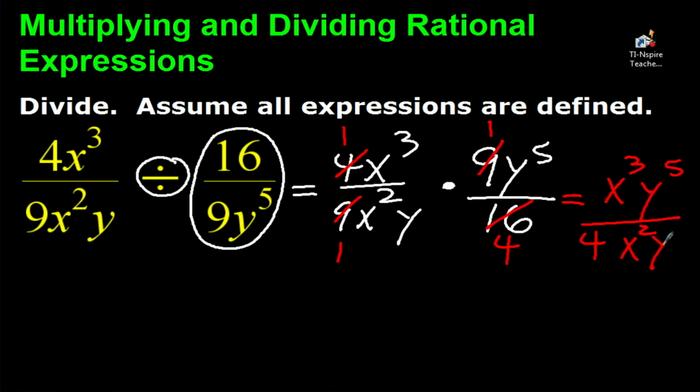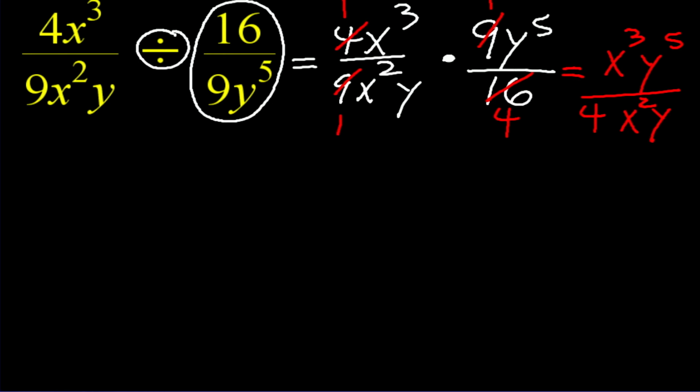All right. Now I have to look at the division portion of it, or the division process. Notice I have an x cubed on top and an x squared on the bottom. Remember, whenever we're dividing variables, we have to subtract the exponents.